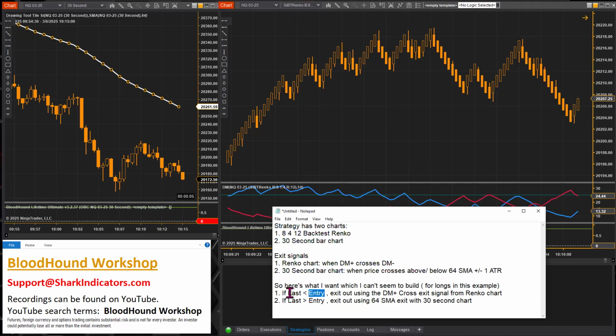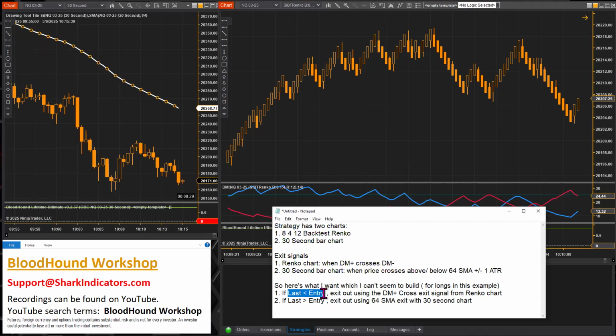If the last price is below the entry, in other words, if it's a losing trade, if currently the trade is unprofitable, then we're going to use the DM indicator as our exit condition.